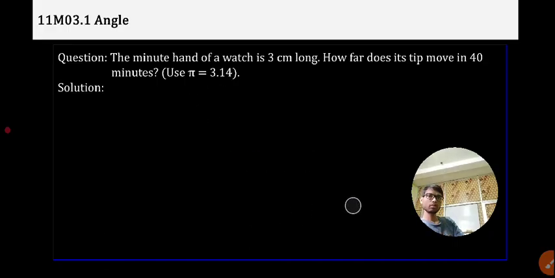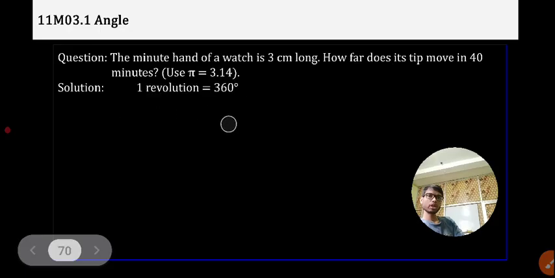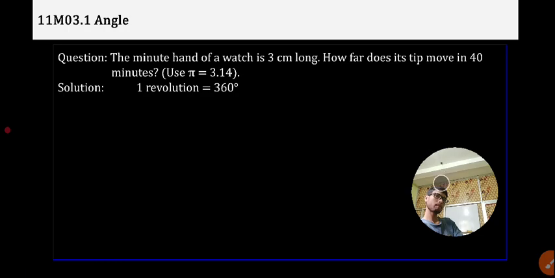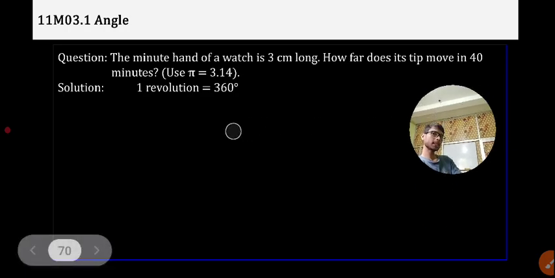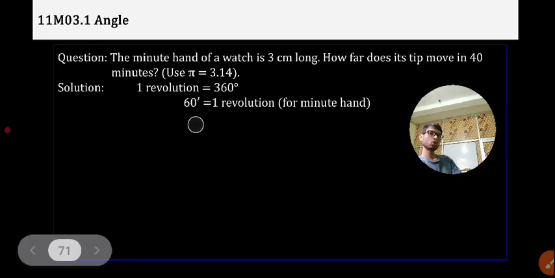Time duration 40 minutes. 1 revolution is equal to 360 degrees. So 60 minutes would be 1 revolution for the minute hand.